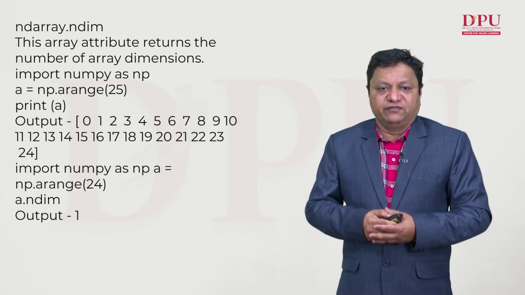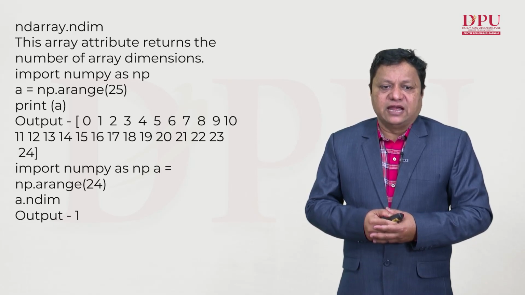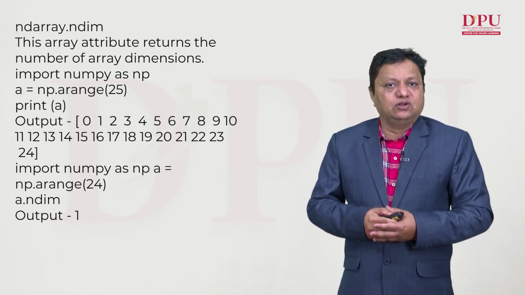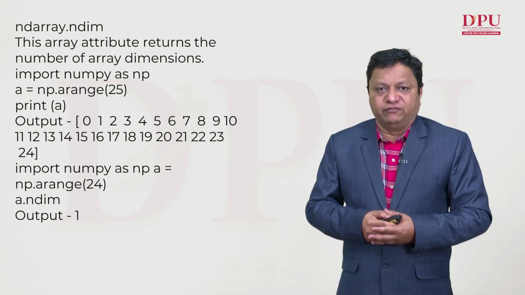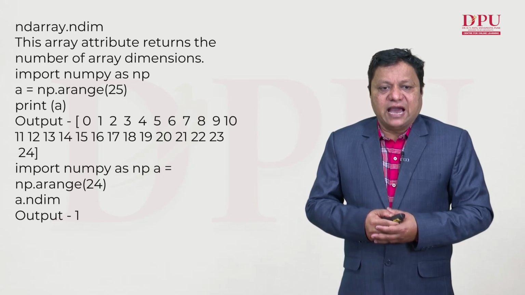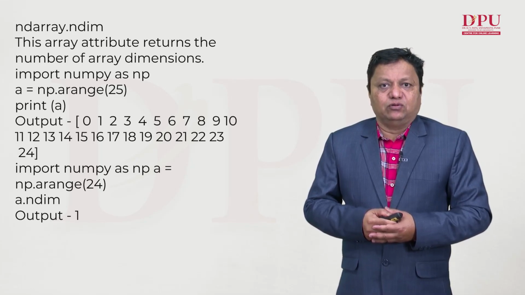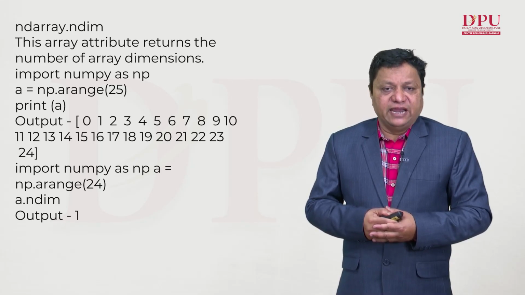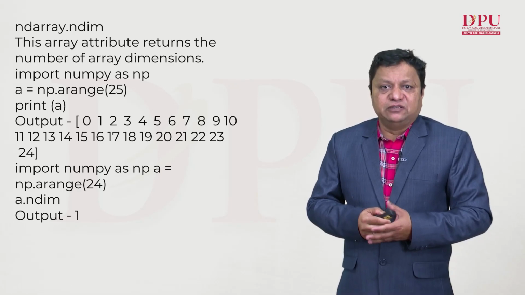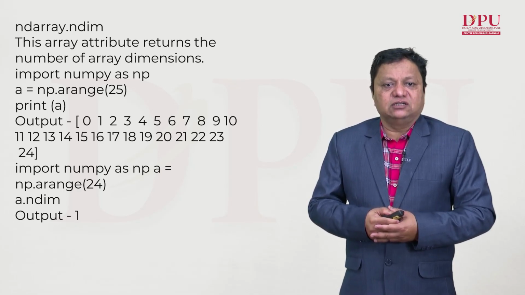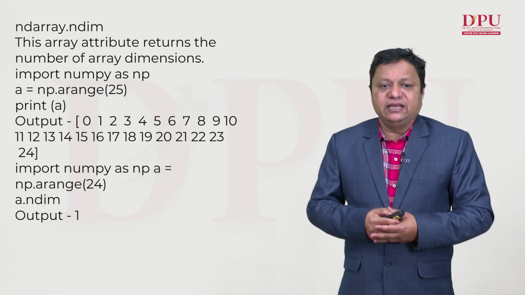If I say 25, it will print the values from 0 to 24, exclusive of the end value. So the arange function of NumPy will create an array of the range of values that you have specified.